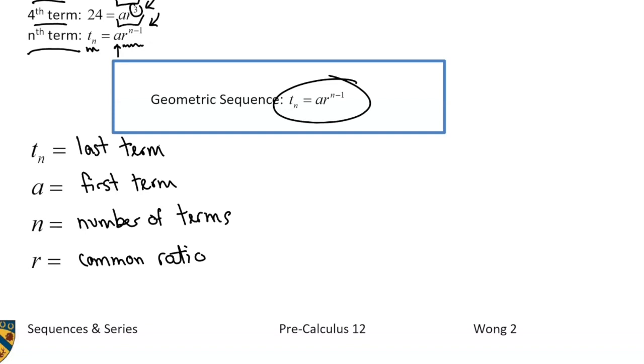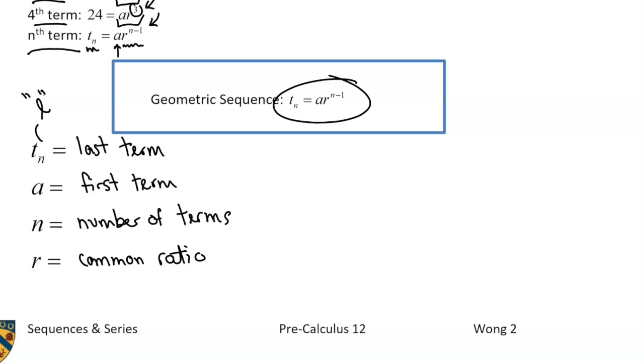Okay, now if you've looked ahead or you're starting to page through Michelson, you'll notice that he doesn't use some of the same parameters. Sometimes, instead of saying t of n, he may use an L for the last term. If you see that, just know that they're equivalent.